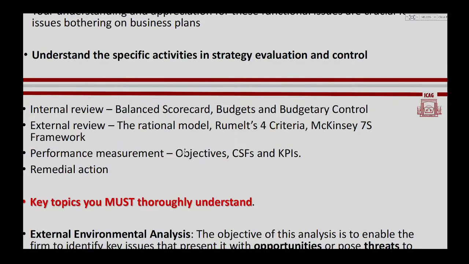So to measure performance, whether you have achieved those CSFs, we can use other methods like using the balanced scorecard, the budget and budgetary control. Are you getting it? We can use external review framework, the rational model, Rumelt's 4 criteria, and McKinsey 7S framework. Are you getting it? These are some of the models you can use here to look at whether you have actually attained your strategy.